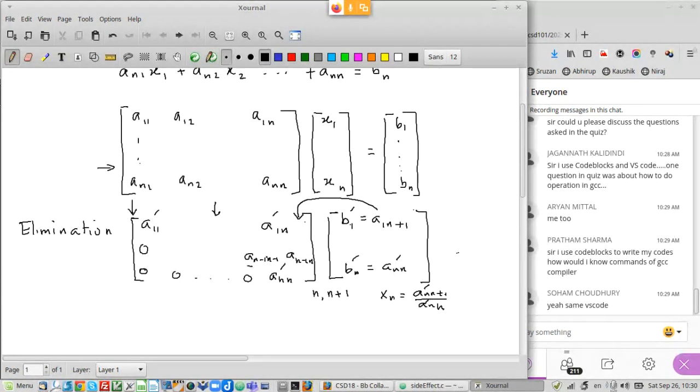So now only xn minus 1 is unknown. You already know xn. This is the only unknown left. So now you can take this to the right hand side and divide by this. And you can keep doing this process called back substitution to finally solve the set of linear equations. Okay. Now let us look at the code.